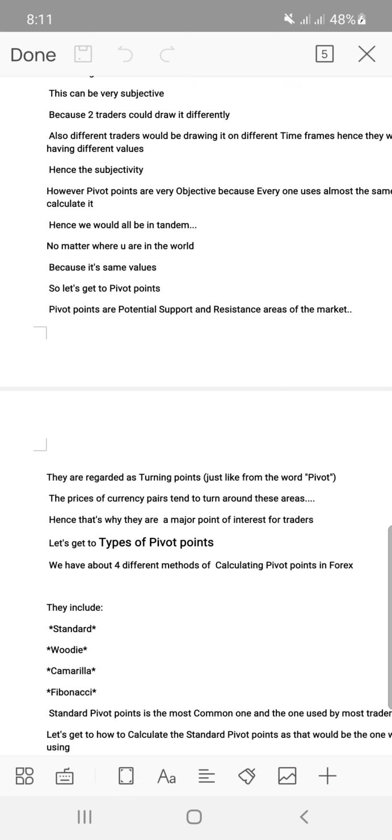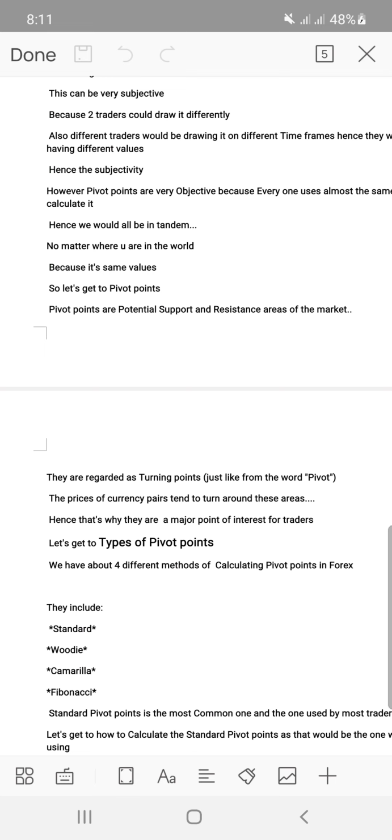So it helps you to know the points that you need to mark out, so that once price is about getting to those points, you execute trades there, or you wait for candlestick confirmations first before you enter the trades.